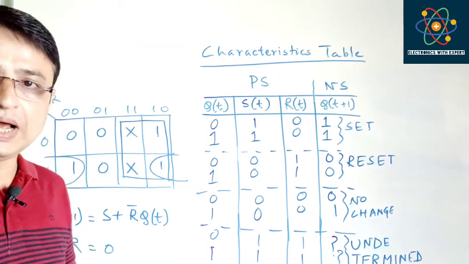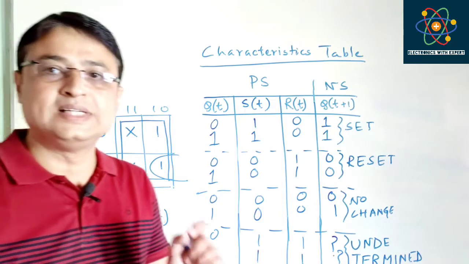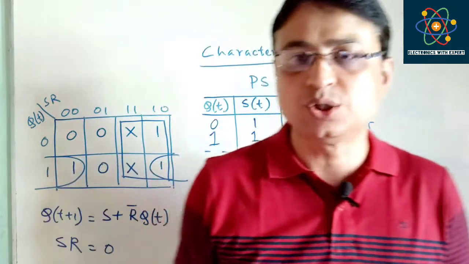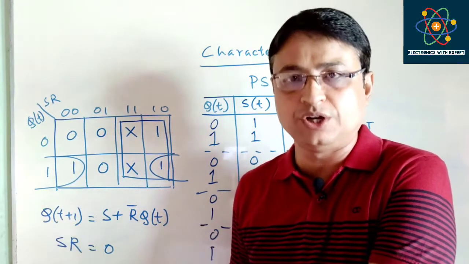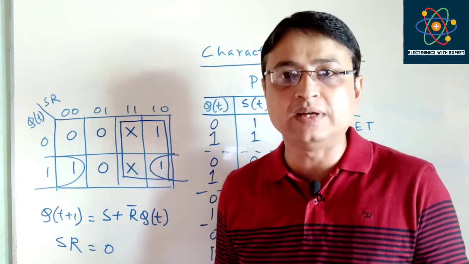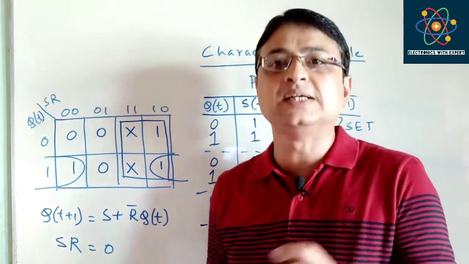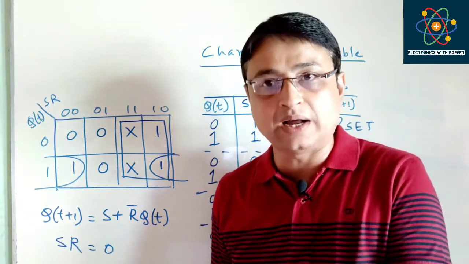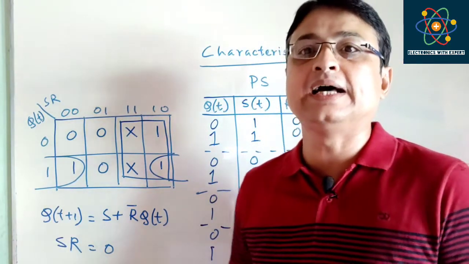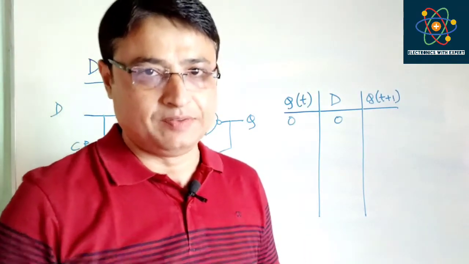Now what this implies is that you cannot put S equals R equals 1, so this is the undetermined state. By keeping the condition SR equals 0, actually we are removing that case, that is S equals R equals 1, since for S equals R equals 1, SR equals 1, and the condition tells us that it must be SR equals 0. Let's move on to the D flip-flop.